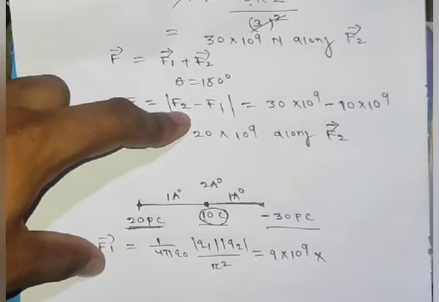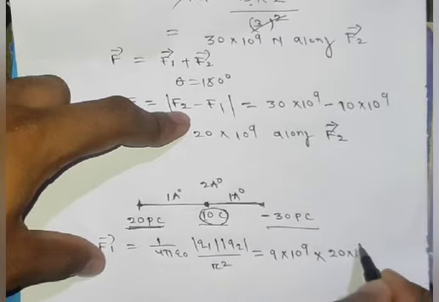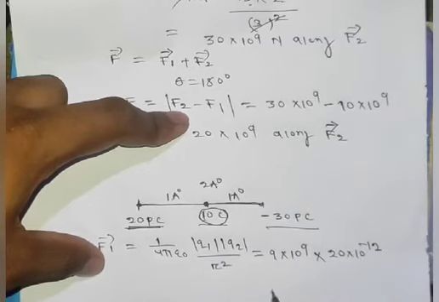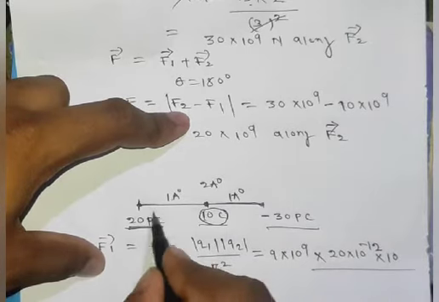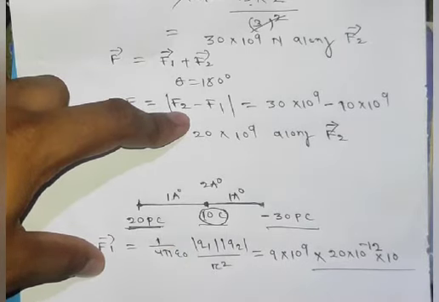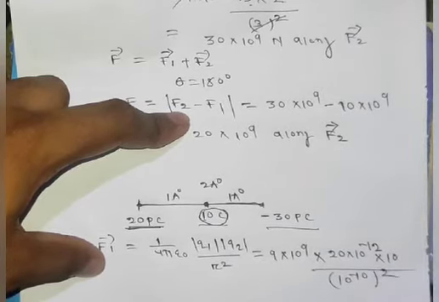We know 1 picocoulomb is 10 to the power minus 12 coulomb, so 20 picocoulomb will be 20 into 10 to the power minus 12 coulomb, q2 is 10 coulomb, and distance r is 1 angstrom, and we know 1 angstrom equals 10 to the power minus 10 meter, so it will be 10 to the power minus 10 whole square.